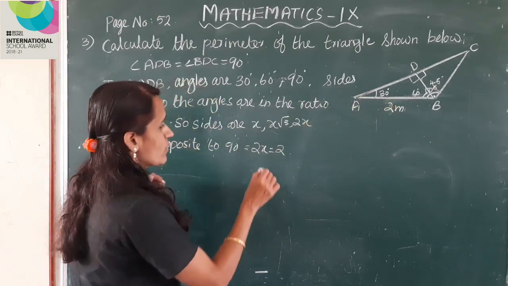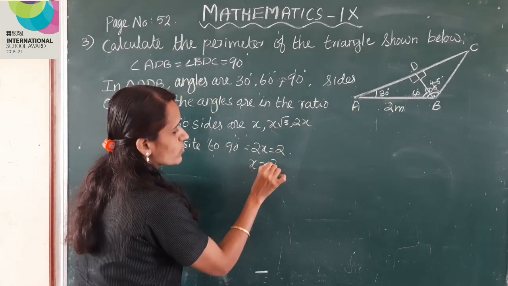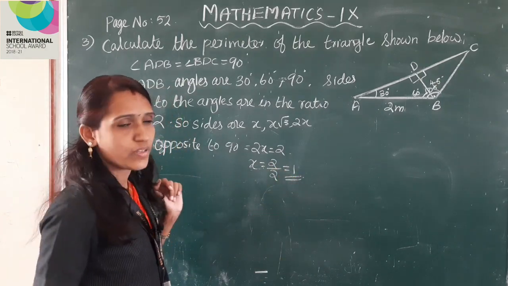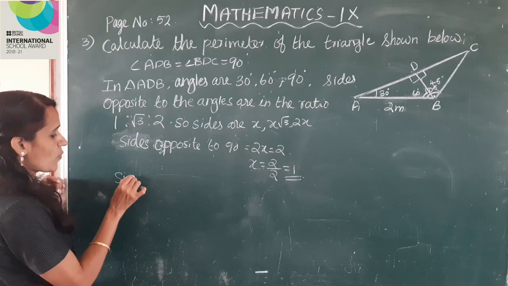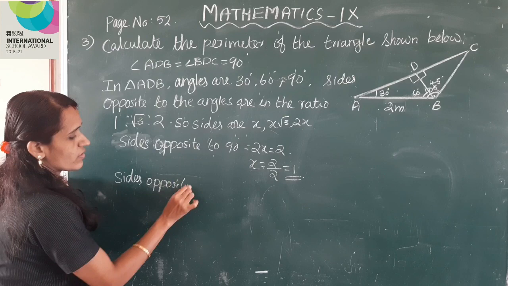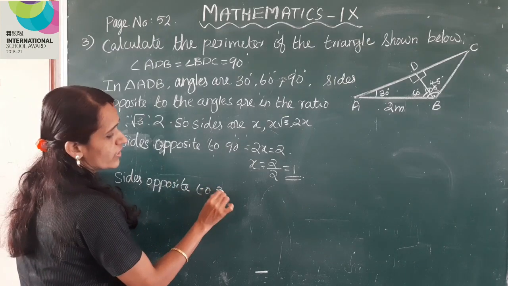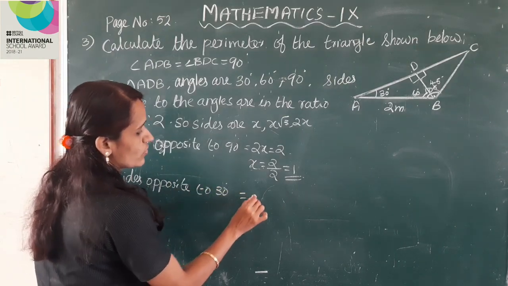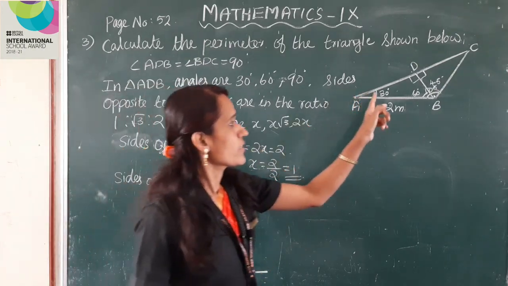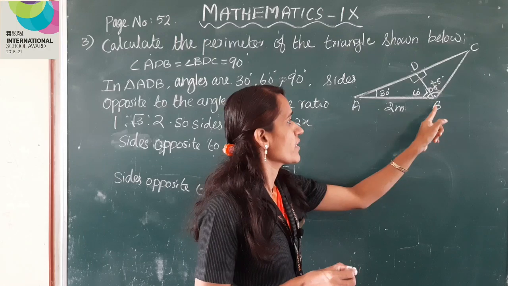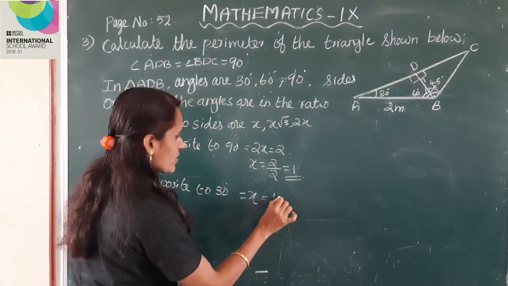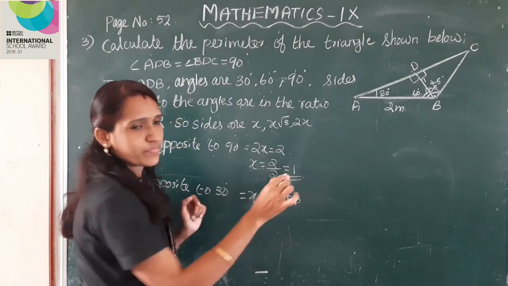Right? So, x is equal to 2 divided by 2 is equal to 1. Next, side opposite to 30 degree is equal to x. Here x is equal to 1. Side opposite to 30 degree is BD. So, BD distance is 1.